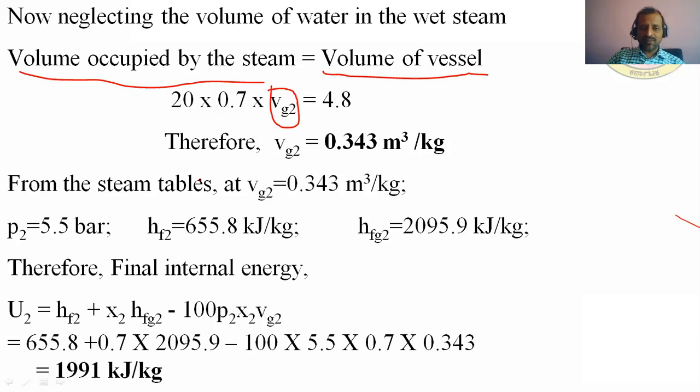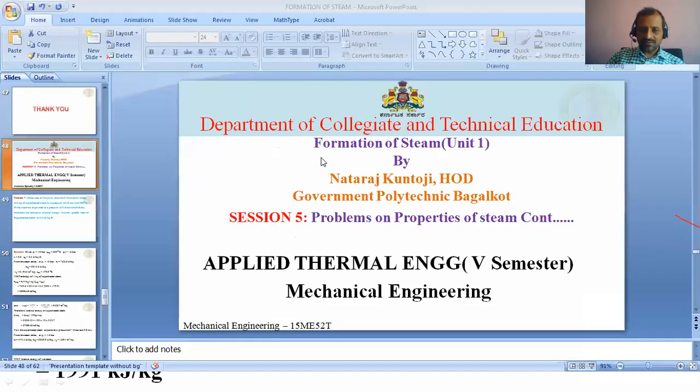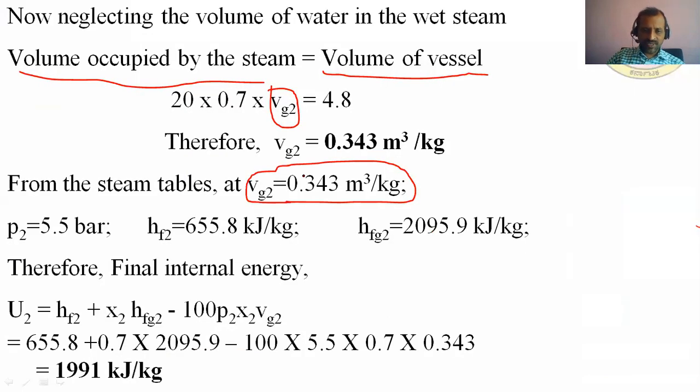Then from the steam tables at Vg2, 0.343 meter cube. Now you need to again refer the steam table. I am showing here 0.343 meter cube per kg. So this is the specific volume. Now you have to refer the steam table for specific volume.